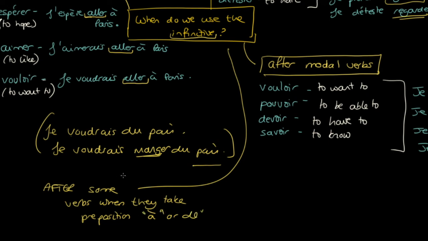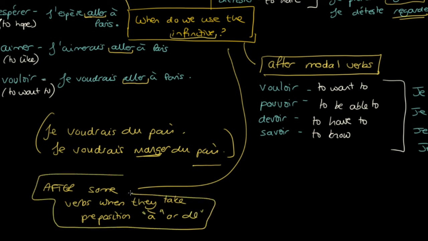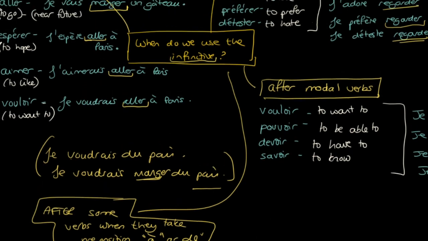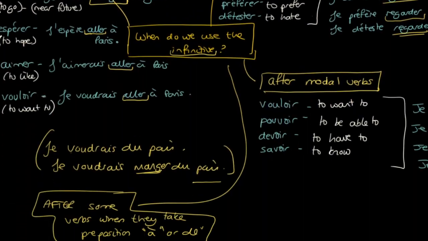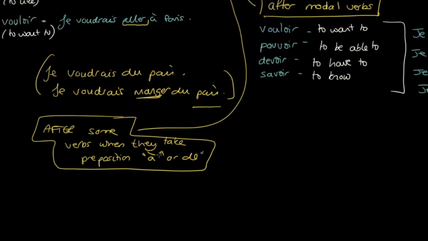Now I'm not going to go into that, but I don't want to have a screen where I haven't got that as an example, because there are plenty of verbs that take a preposition after à or de, and the verb after that is the infinitive. It sort of goes against what I said earlier, about two verbs directly following each other. There are instances where the verbs might be separated by a preposition à or de, and we need the infinitive. But please, please, please go and watch the next tutorial in which I go over these special verbs that take these prepositions.